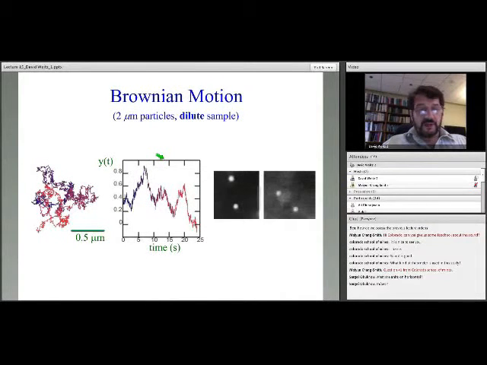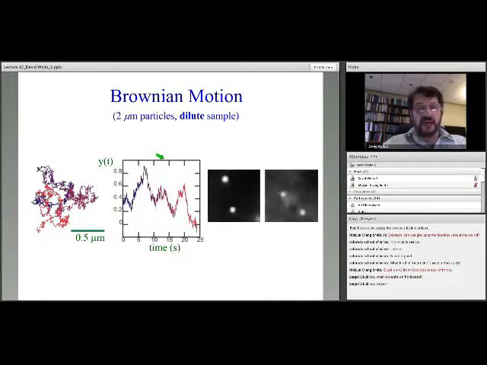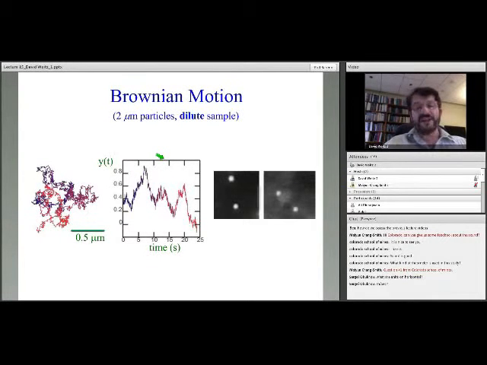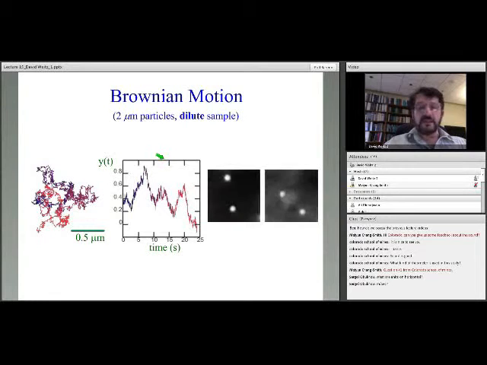On this slide, I'm showing, again, images that are actually movies taken with a confocal microscope of a pair of particles, each undergoing independent diffusive motion. And what you can do with a confocal microscope, and this is basically how one goes about analyzing data like this, is in each image, you identify all the particles, and you identify exactly the location of the particle.